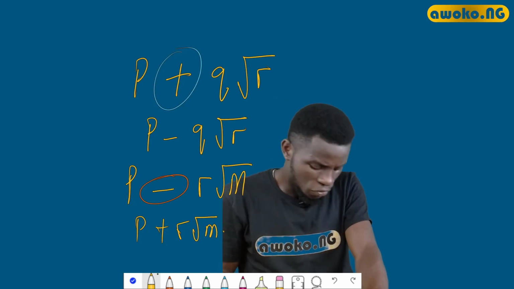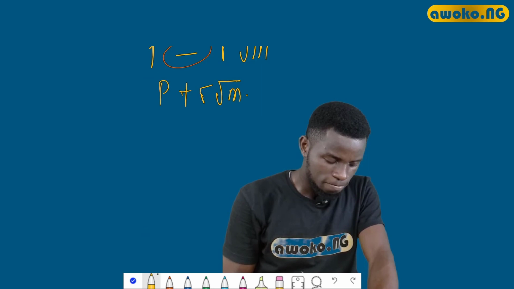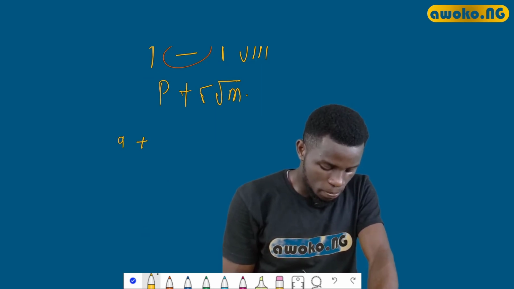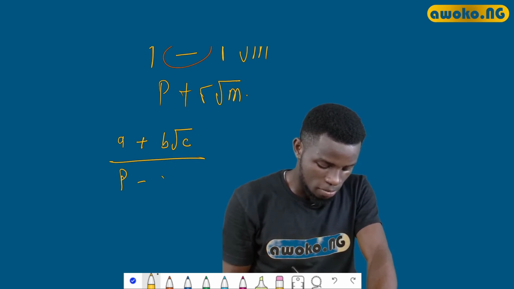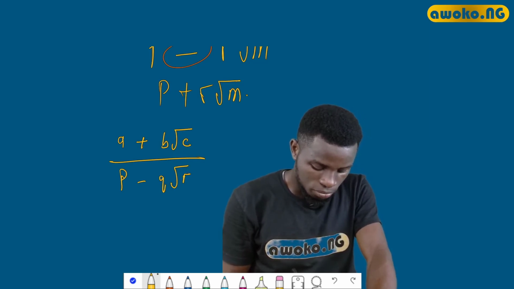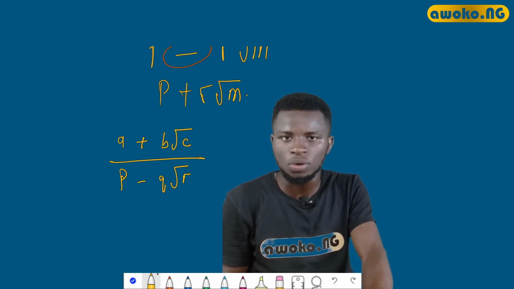Is that okay? So if you have an expression like, let's say, A plus B root C all over P minus Q root R, and you are asked to simplify this, you can't do this straightforward.